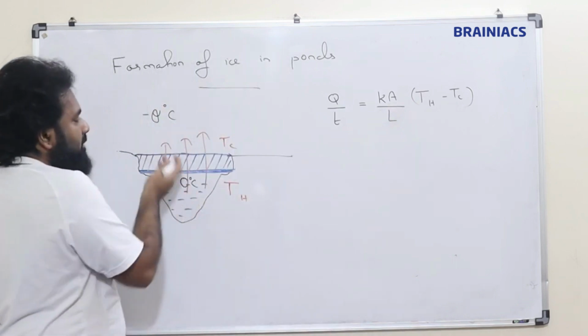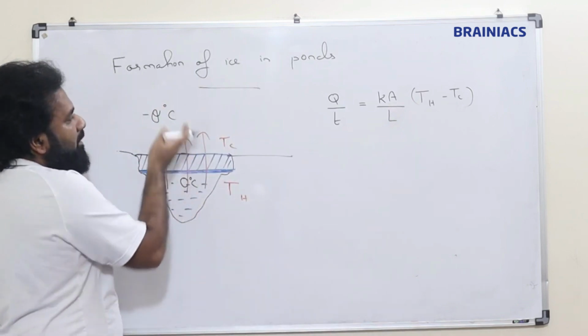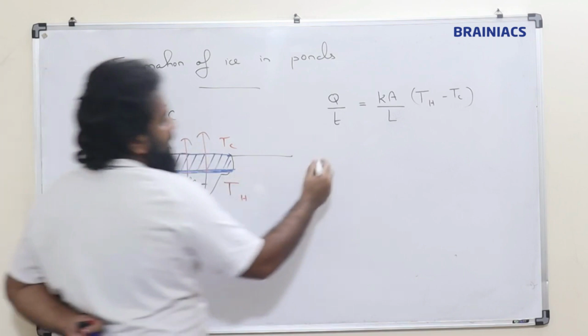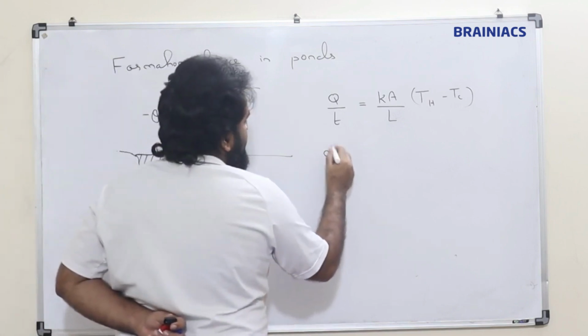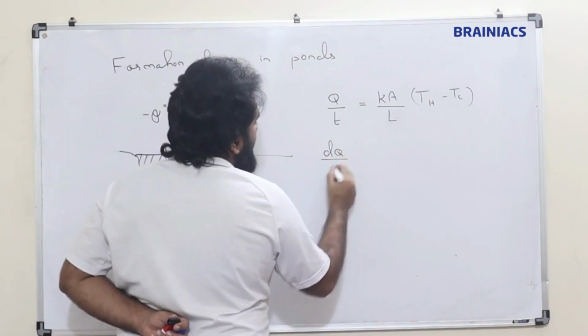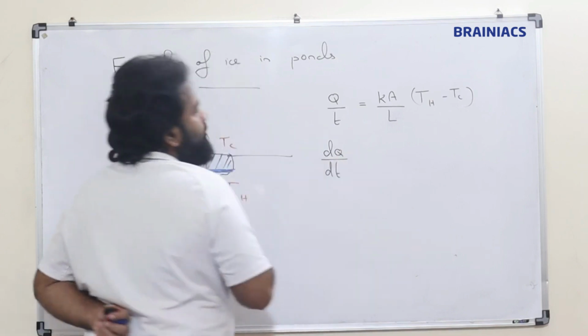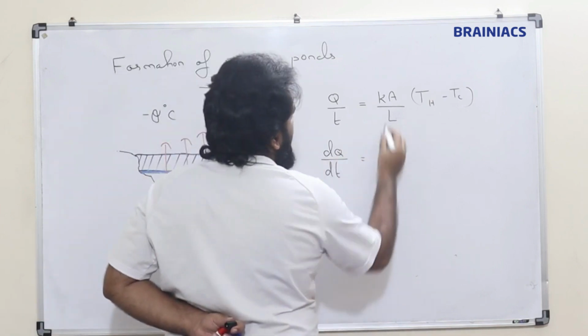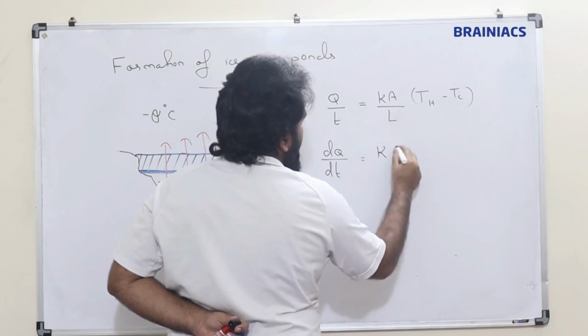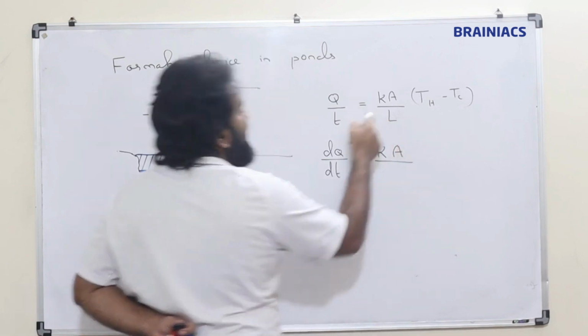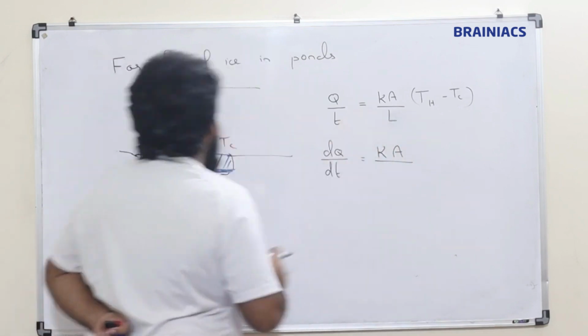Now the change in the flow of heat, dQ by dt, is equal to what? KA divided by length.